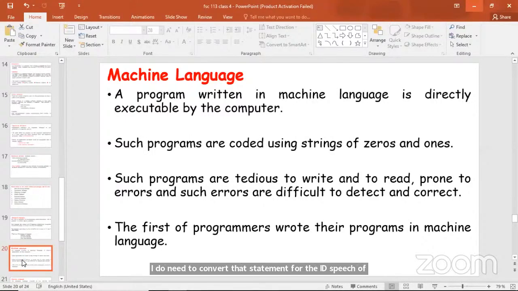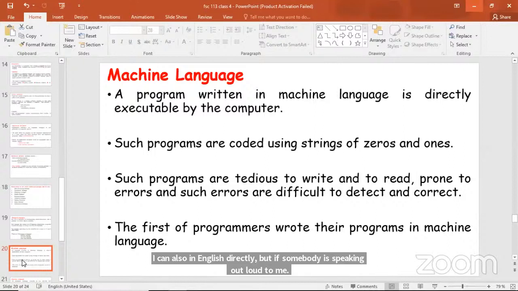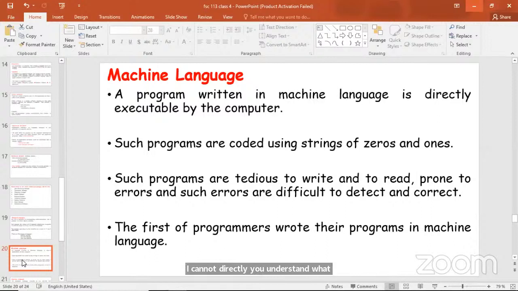Also, I understand English and I speak English. I can also interpret English directly. But if somebody is speaking Hausa to me, I cannot directly understand what the individual is saying. I have to convert the equivalent of what the person is saying to Yoruba or English for me to understand perfectly.